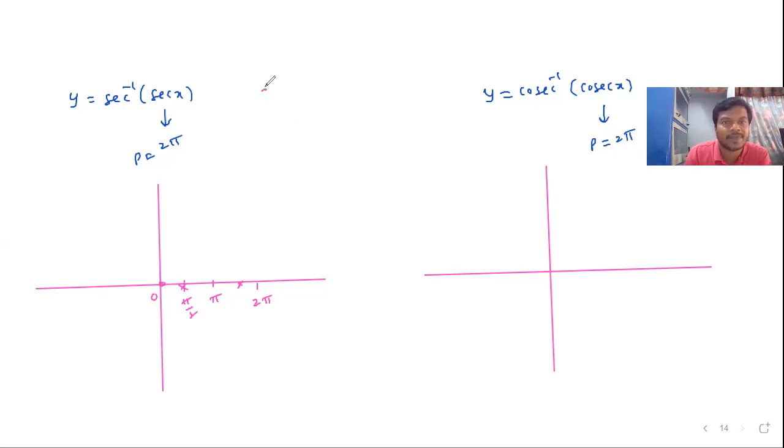Because secant inverse of secant 0 means secant inverse of 1, that is equal to 0. So 0 comma 0 first. Next, a gap at pi by 2. Next, if I write pi, secant inverse of secant pi, that is secant inverse of minus 1, that is pi.